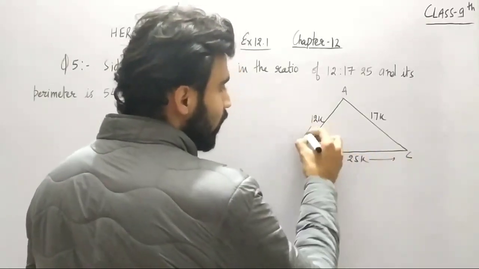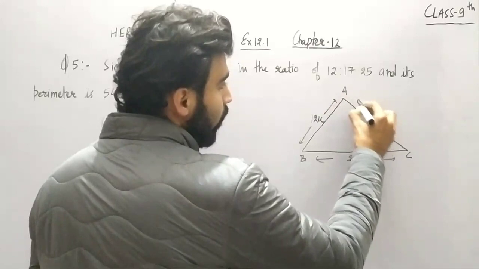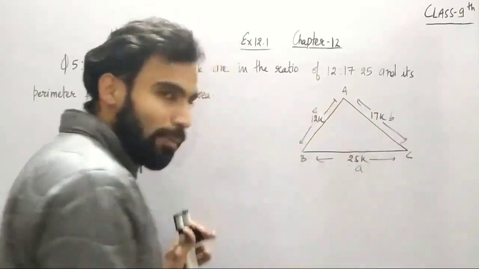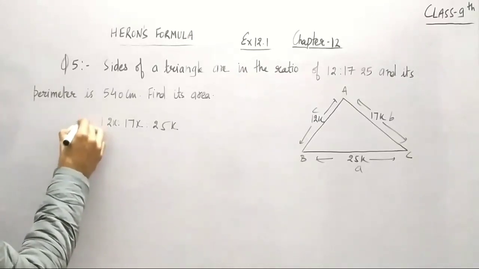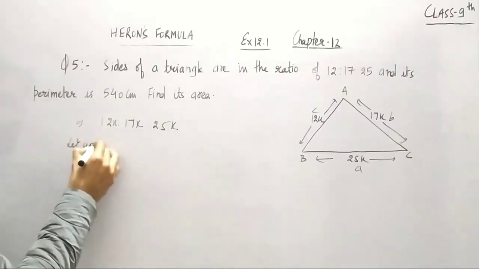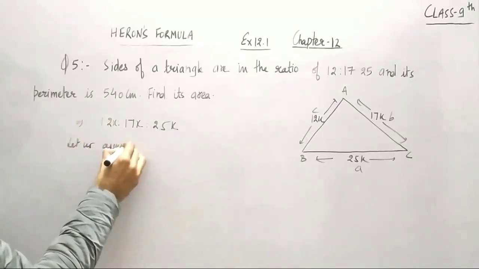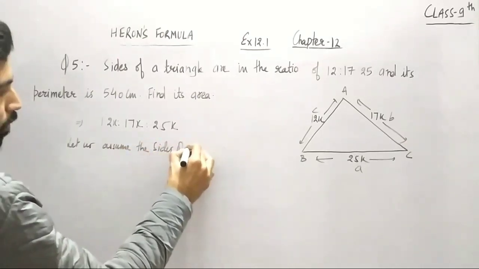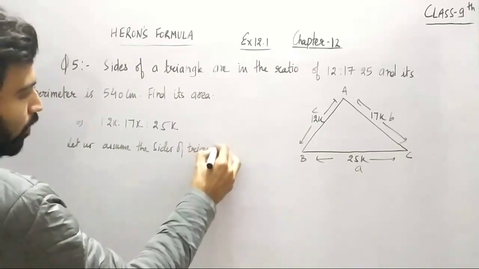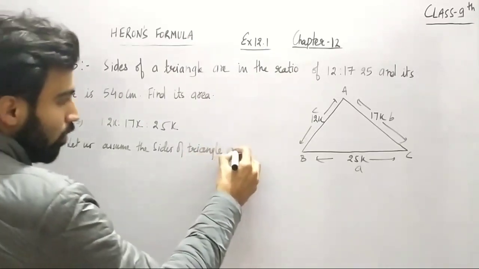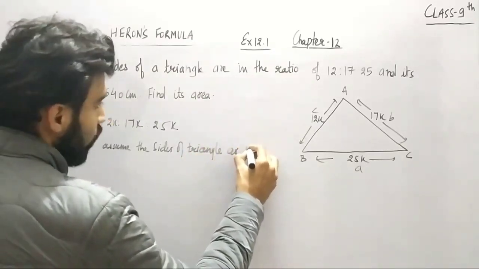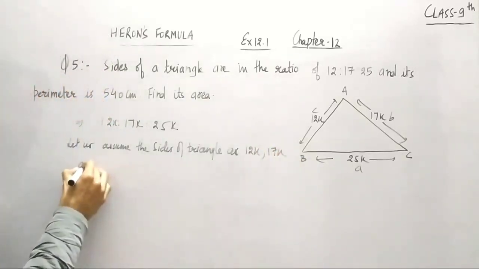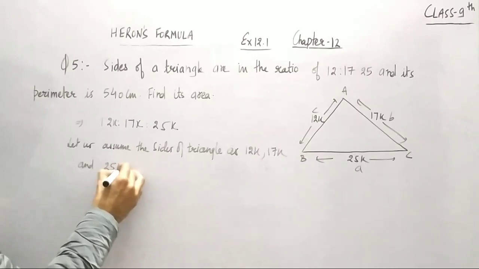So here I have assumed all three sides respectively. So I name them A, B and C, right? So let us assume the sides of the triangle as 12x, 17x and 25x, right?